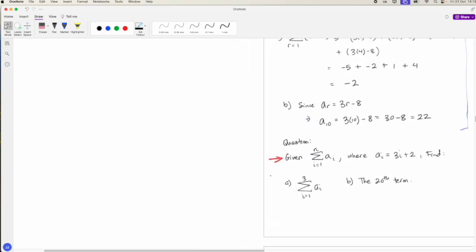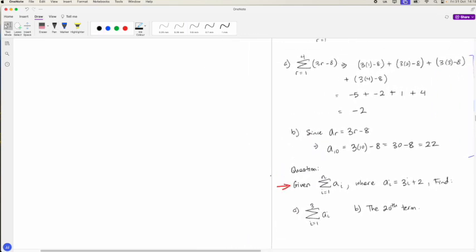We do have one unfinished question here, where we say that given the summation from i equal to 1 to n of ai, where a is 3i plus 2.